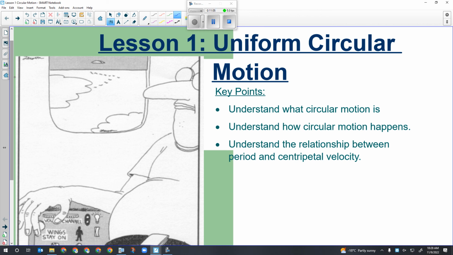Okay, so if the string is always pulling towards the center of the circle, it's exerting a what? Force. Okay, so I said this thing was moving at a constant speed. Is it moving at a constant velocity? No, it isn't. What is it always doing? Changing direction. Okay, so it's always accelerating, even though the magnitude of its velocity doesn't change. The direction does.